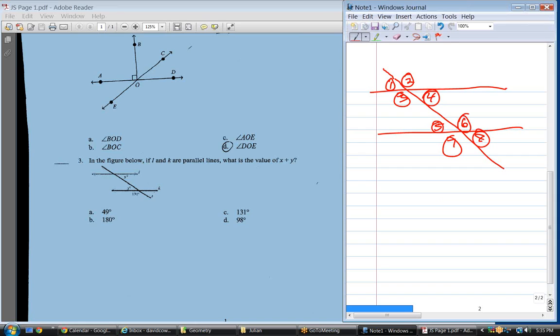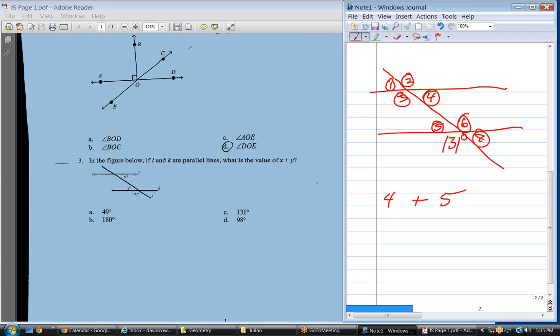Okay. So this problem says this angle right here is 131 degrees. And they're asking, what is 4 plus 5? So those are both acute, which means they're the same.